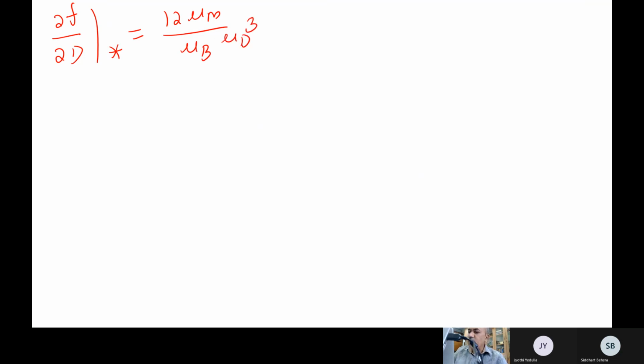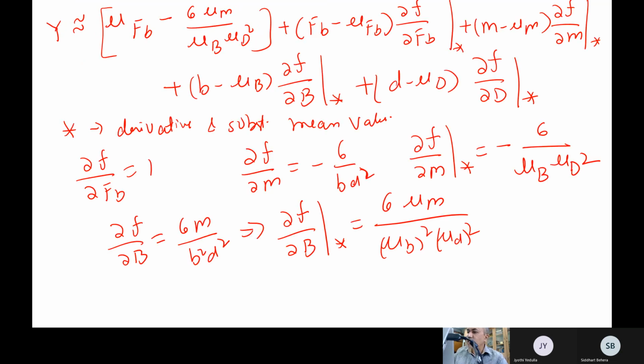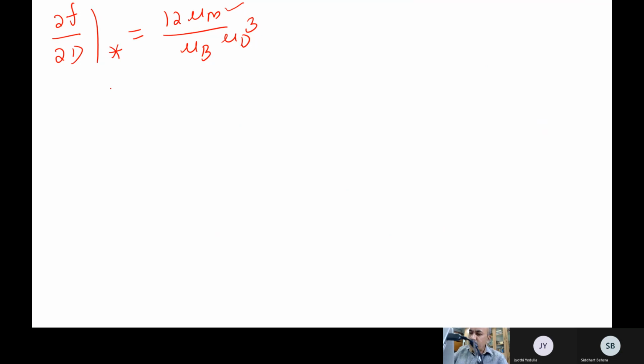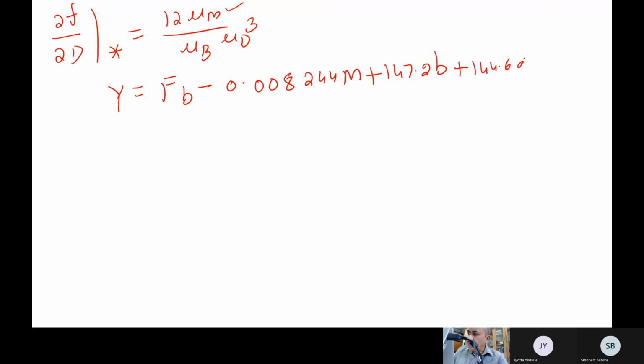Now if you substitute all those mean values into this basic expression, finally I will get my Y as FB minus 0.00824 times M plus 147.2 times B plus 144.6 times D minus 2473.